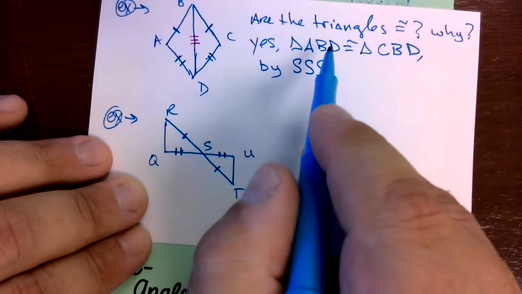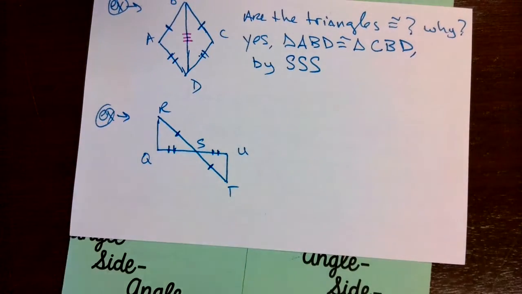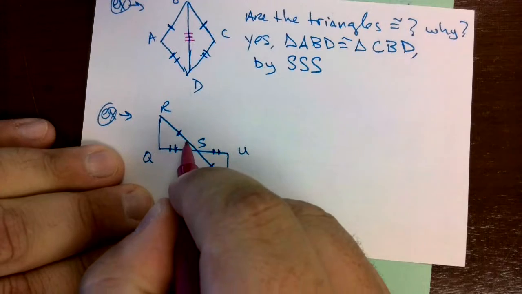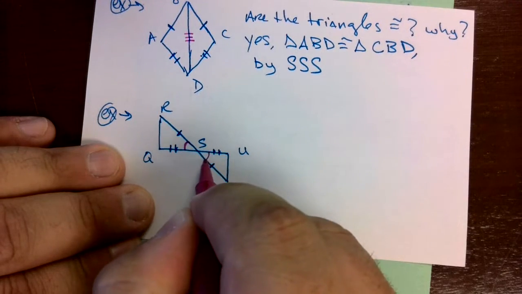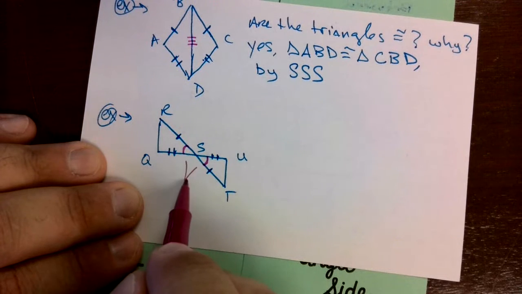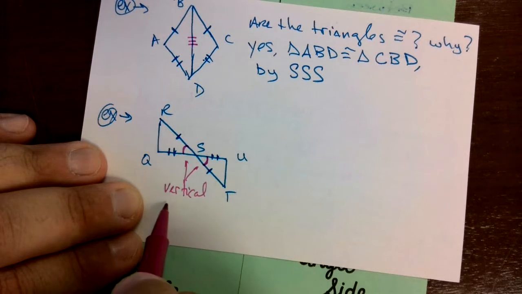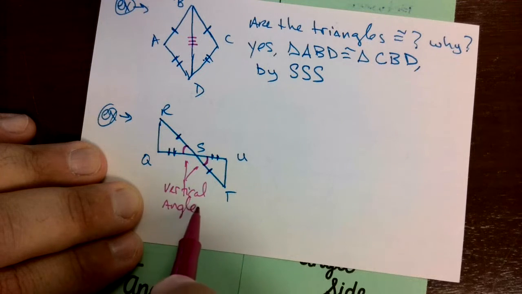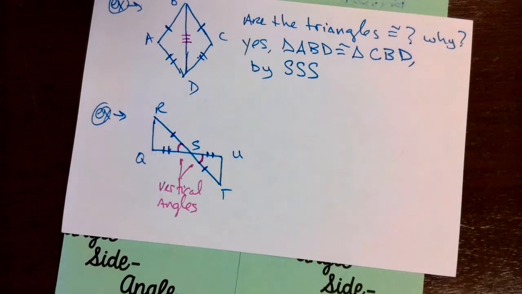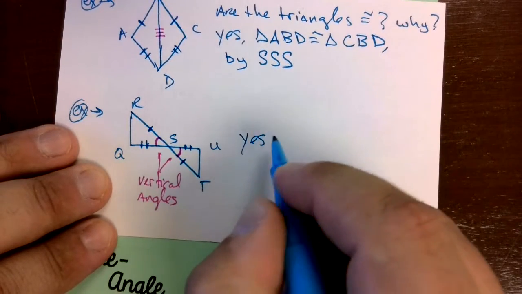Are the triangles congruent and why? Well, down here, what we need to realize and what we need to see right away is we need to be able to mark these angles right away. Those are vertical angles. That is one of them that we can mark right away. If we see that, we mark that. So that's true there.